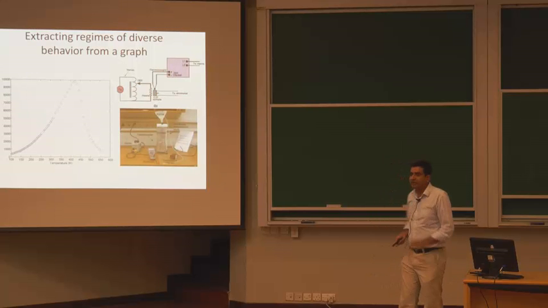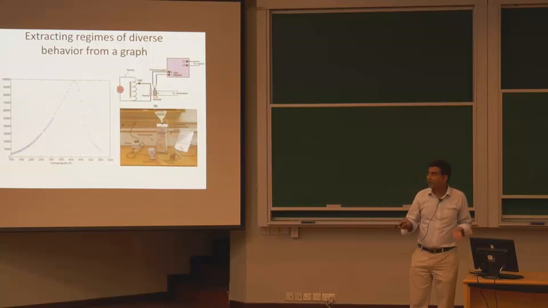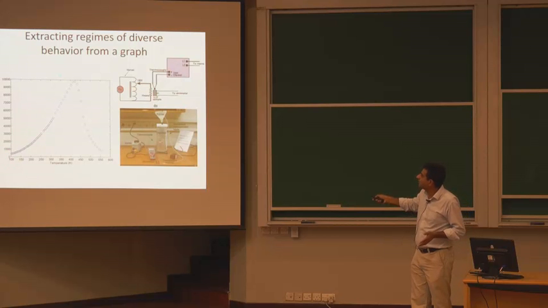There are other possibilities. For example, if I have a semiconductor, and if I vary its temperature, its resistance is going to change. So if I vary the temperature from 100 kelvins to 600 kelvins, its resistance first goes up and then it starts decreasing. When the resistance is decreasing with the increase in temperature, it's showing semiconducting behavior. Here it's showing some other kind of behavior, some metallic behavior.